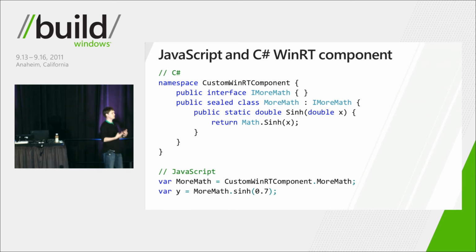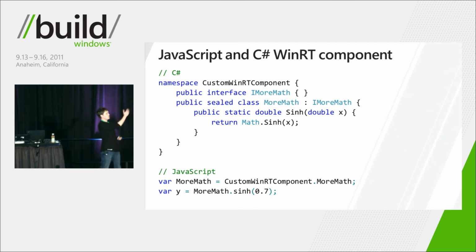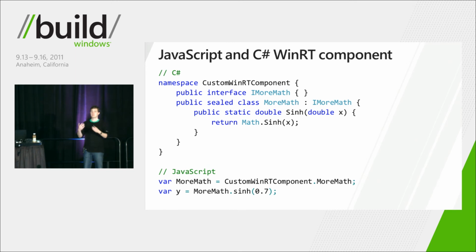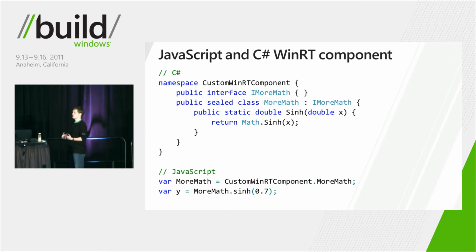We felt that to be natural for JavaScript, it was really important that we follow the conventions of common practice for the style. So here in this example, you don't have to do any work. If you author your component in C#, you author it in the way that makes sense in C#. And then the way that it gets exposed into JavaScript automatically takes care of giving you the right casing that you'd expect as a JavaScript developer.